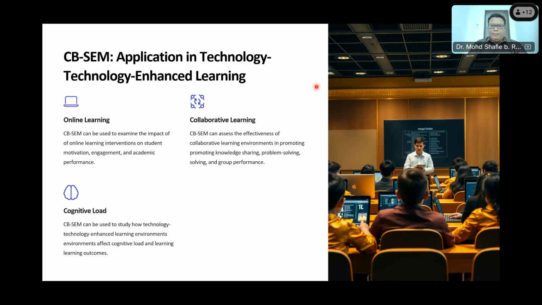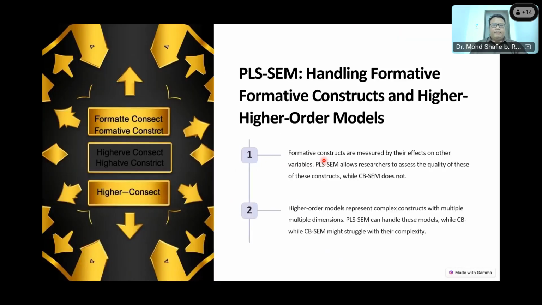That might be his or her opinion. So if you're using cognitive load, covariance-based SEM can be used to study how a technology enhanced learning environment affects cognitive load and learning outcome. This is an example of how to use covariance-based SEM.